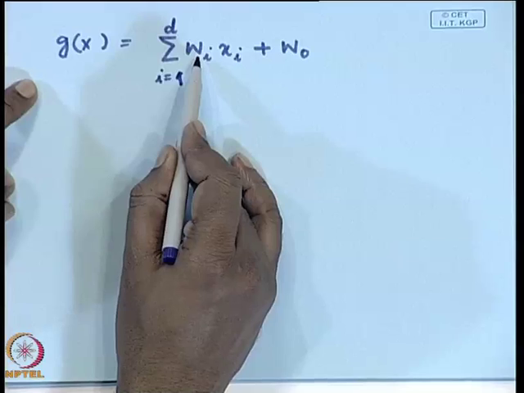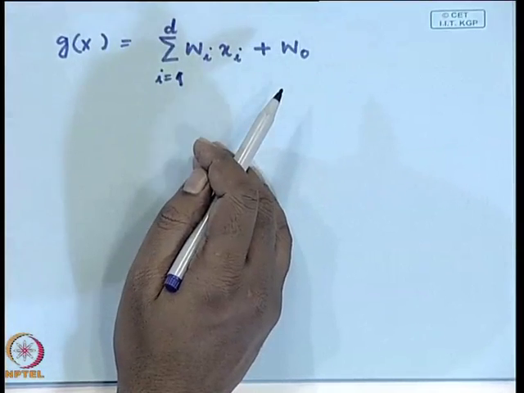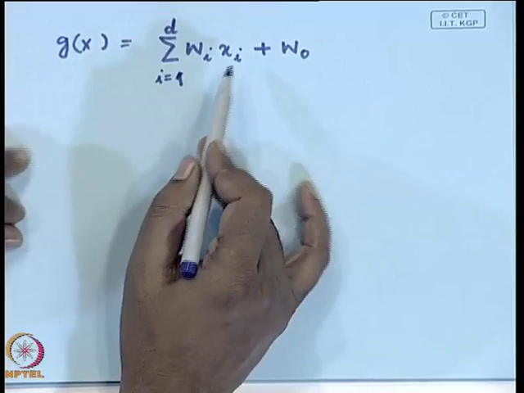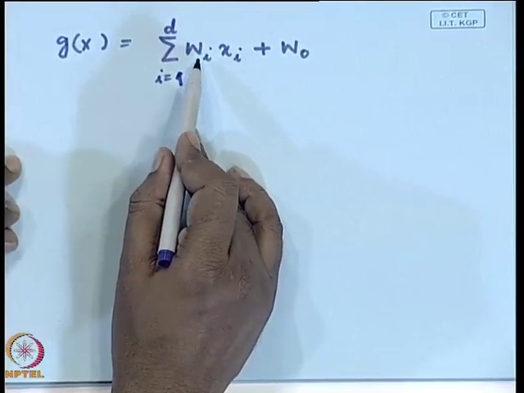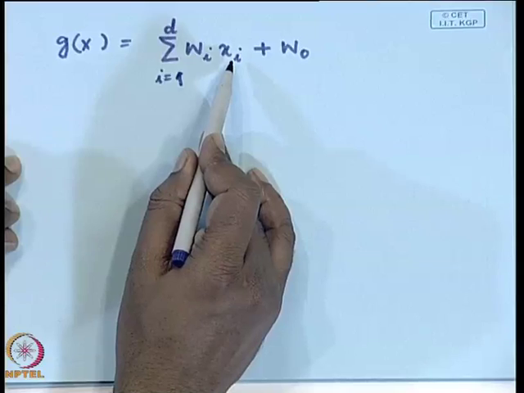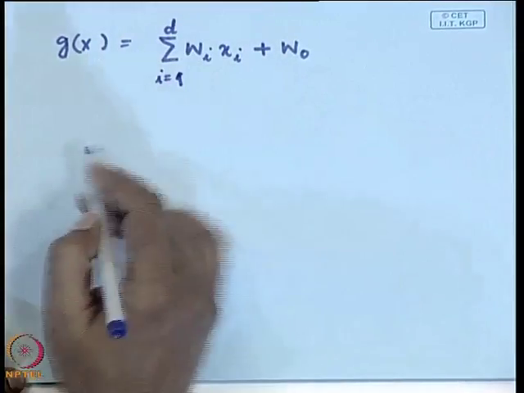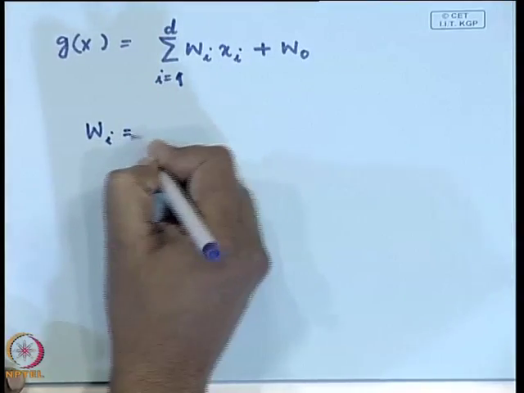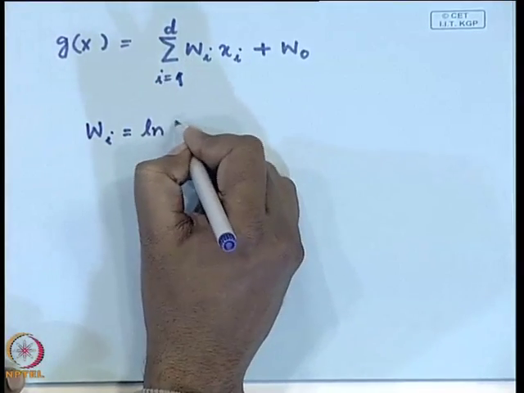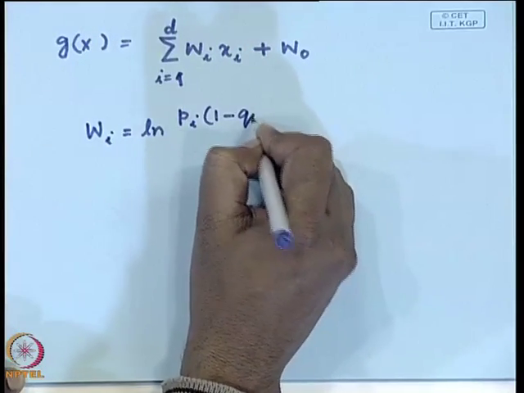And these w_i's for different values of i represent a weight vector, and this is nothing but a dot product or inner product of the weight vector with the feature vector. So, when I write it like this, over here this w_i is simply log of p_i into 1 minus q_i.